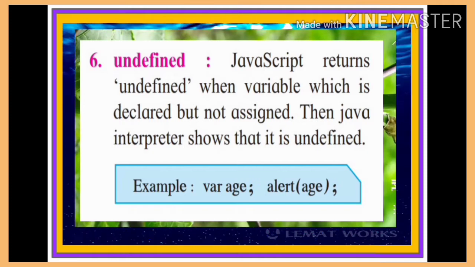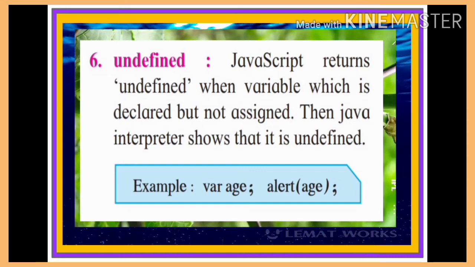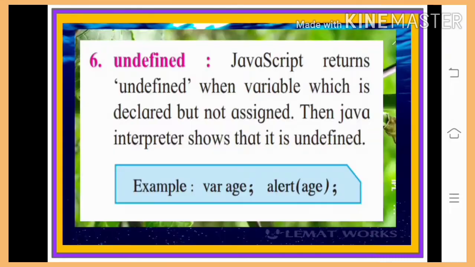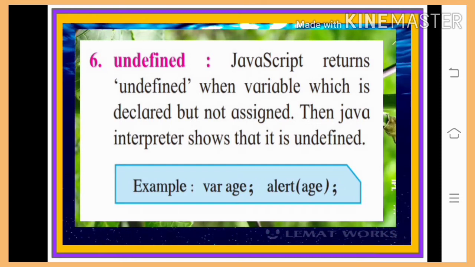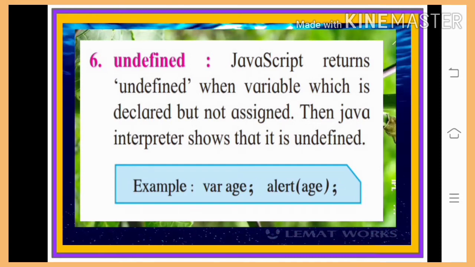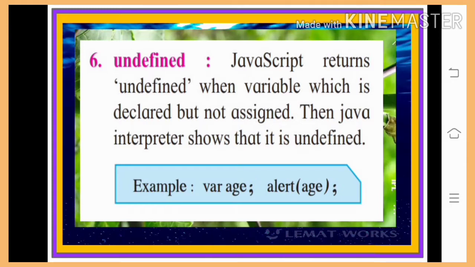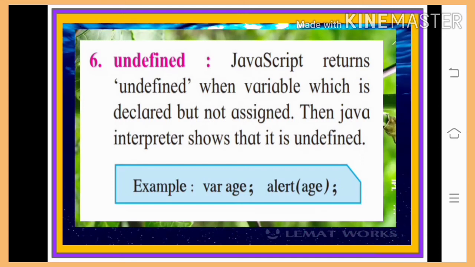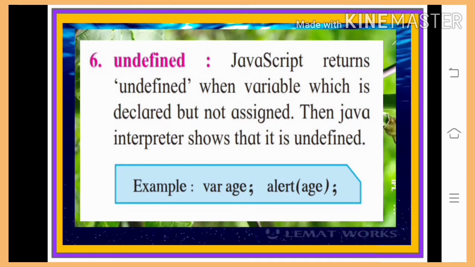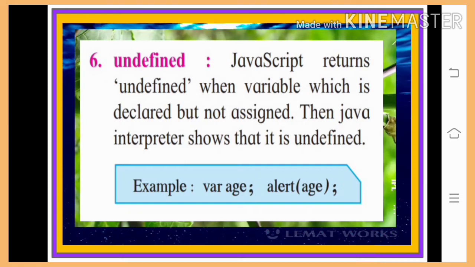Then the JavaScript interpreter shows that it is undefined. For example, if you declare one variable age and do not assign any value, and you pass age to the alert function, then it is considered undefined as the variable has no value.